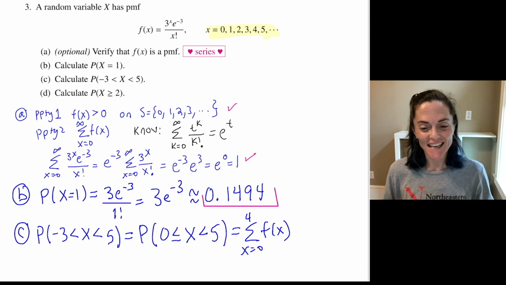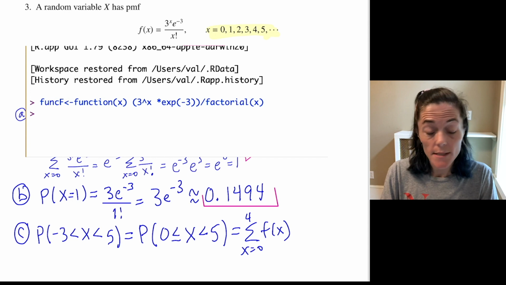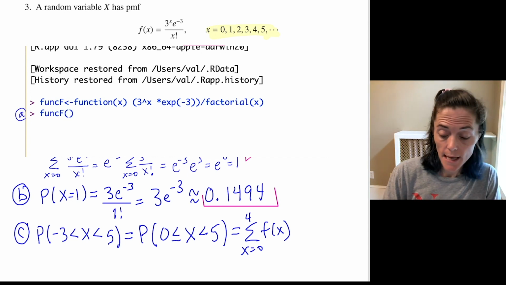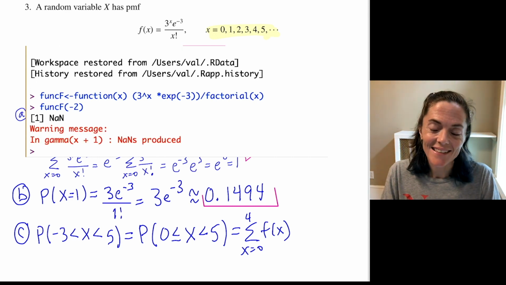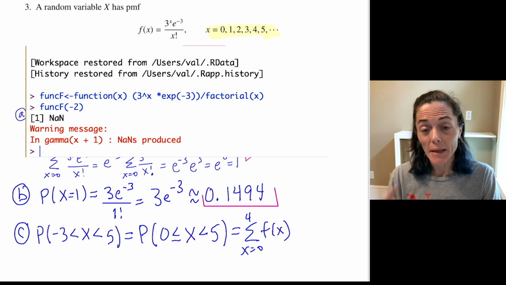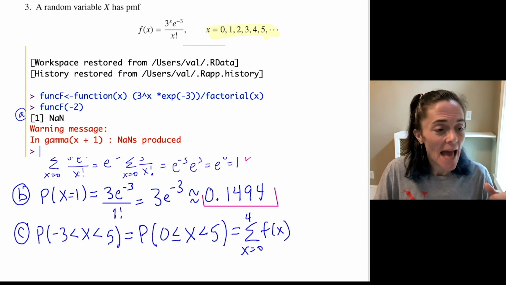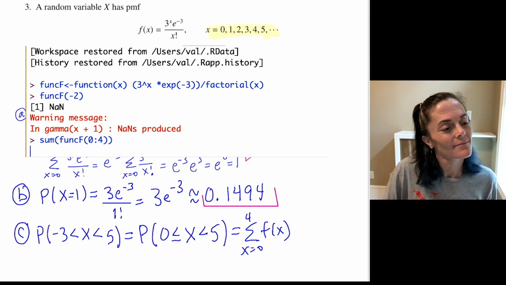Okay, now let's look at R. Here's my function. Now, as I was saying, if we tried to evaluate this at, say, -2, we run into an issue. This function is not defined because of the factorial in it. Now, what do we want? We just want to add up the values between 0 and 4.